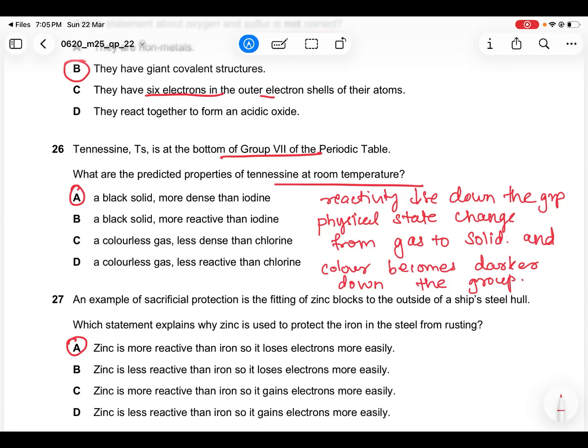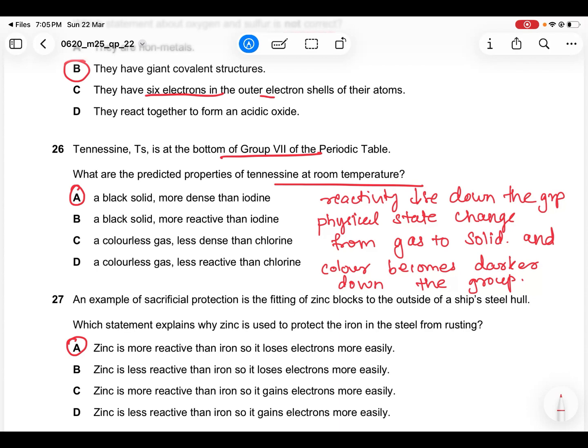So here these are some trends: the reactivity is going to decrease as we go down the group. The physical state changes from gas to solid and color also becomes darker. So tennessine, as they have told, is at the bottom of the group, so it must be a solid.